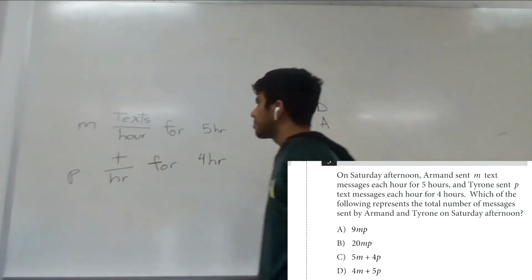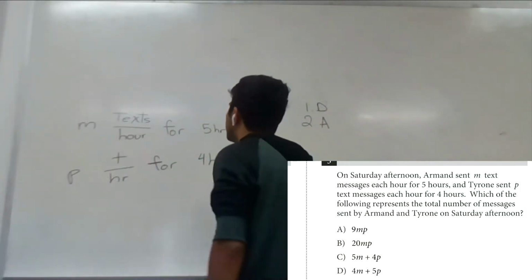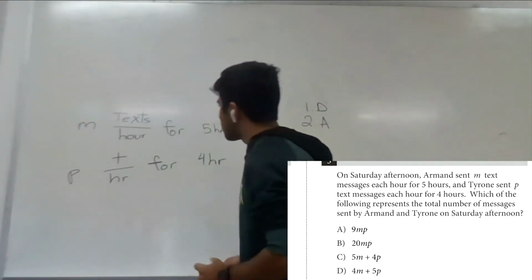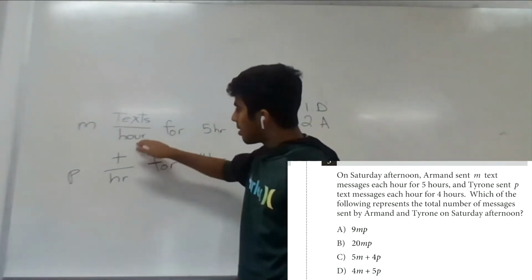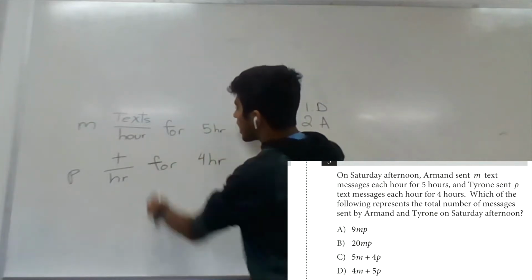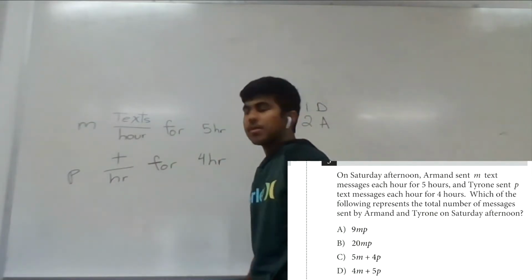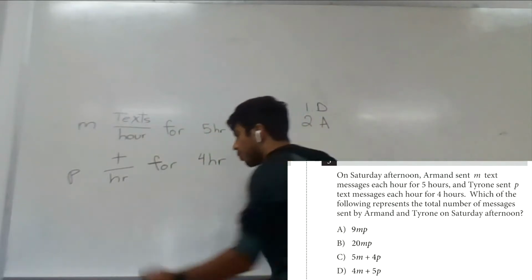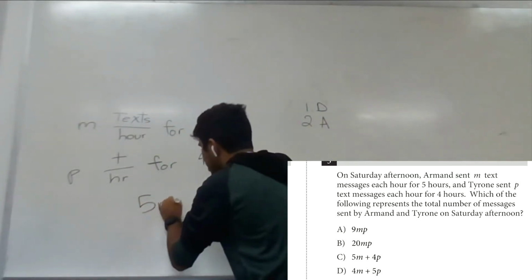Well, let's see. m texts per hour, and we have 5 hours. Here we have an hour in the denominator and an hour in the numerator, so we can cancel these out by multiplying them. If we do m texts per hour for 5 hours, we multiply these two together, we get 5m texts.